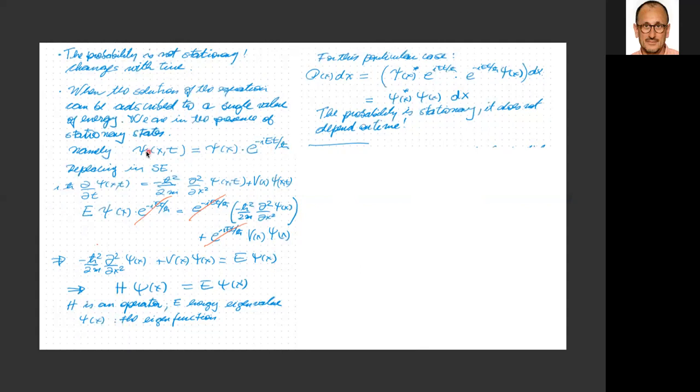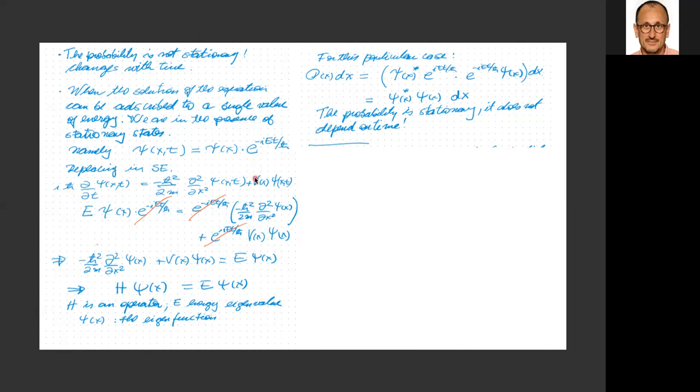Then if I want the full time dependence, I only have to add, for each energy, this particular term to the wave function. I'm going to show you how it's done in the full picture afterwards.